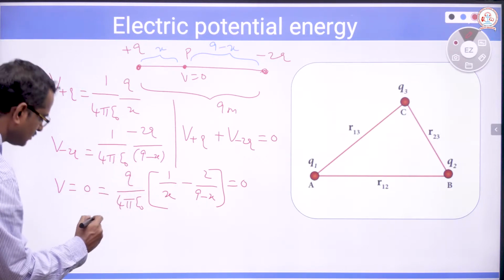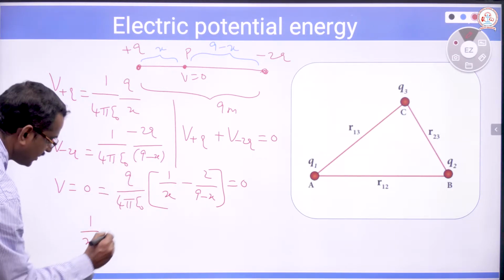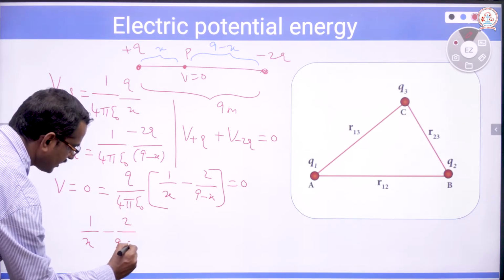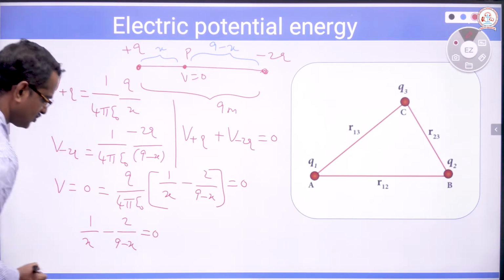Then we can write 1 divided by x minus 2 divided by 9 minus x is equal to 0.